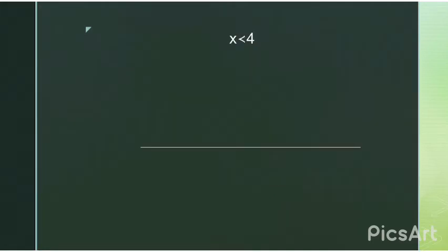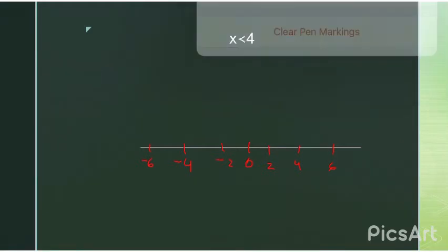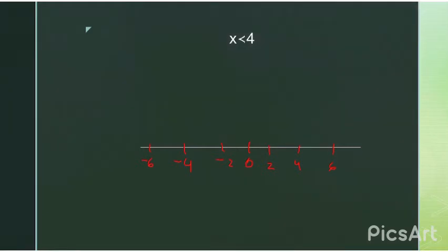Now here is one question. x is less than 4. Let's see how we can graph it on a number line. We mark everything: 2, 4, 6, and -2, -4, and -6. Since x is less than 4, our line should go to the left side, below 4, where the numbers are less: 2, 0, -2.